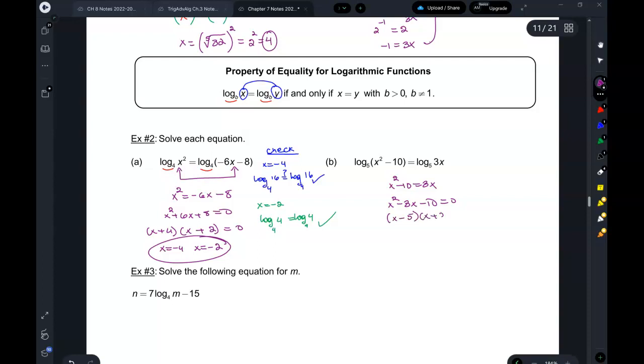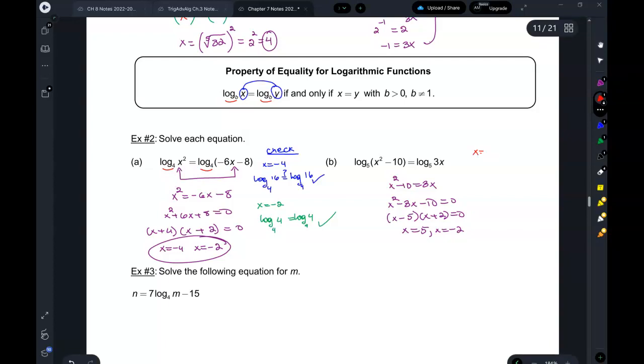X minus 5, x plus 2. Yes. So here I get x equals 5, x equals negative 2.